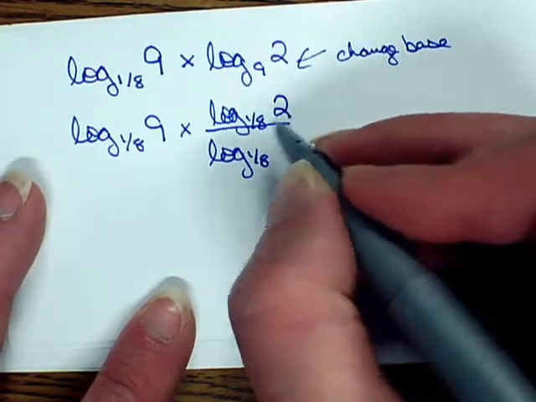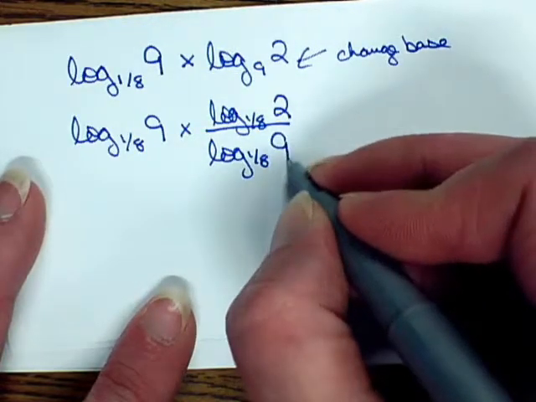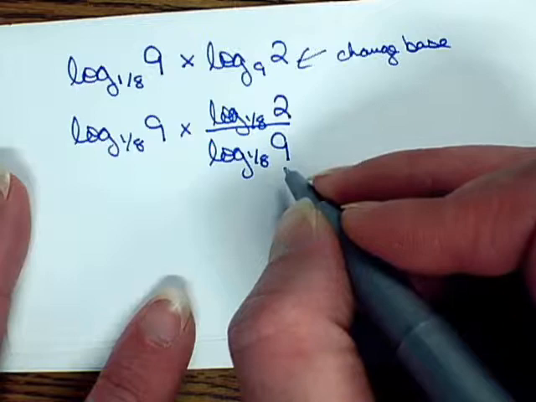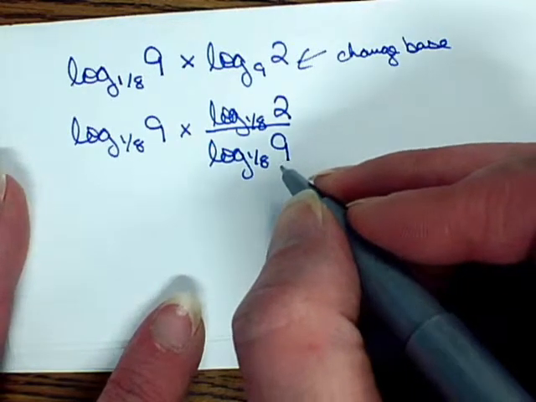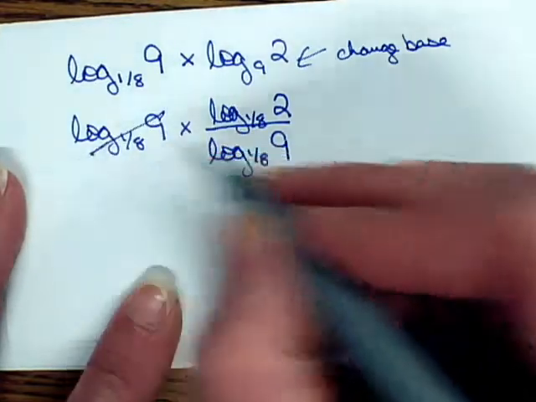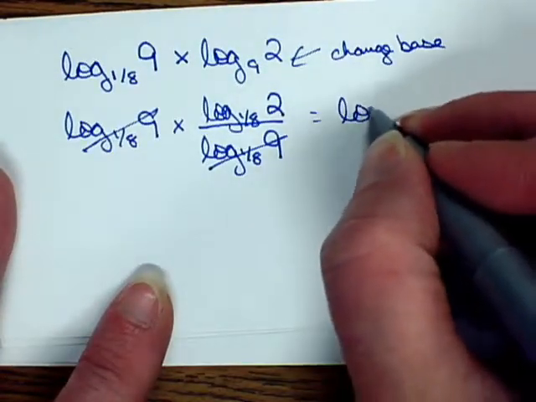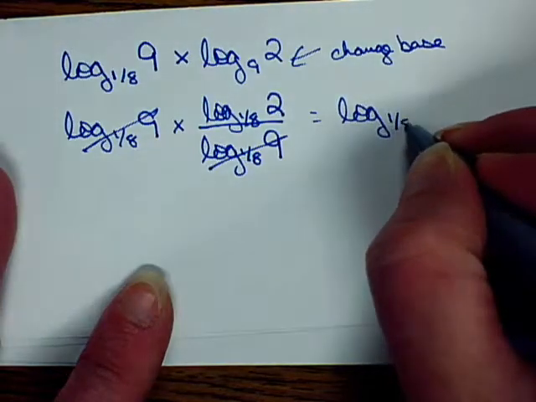I'm going to leave the first one just like it is. What I want to do is use the change of base formula to change the base of the second one to be the same base as the first logarithm.